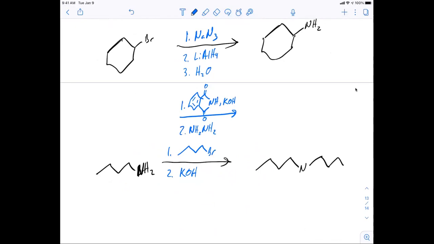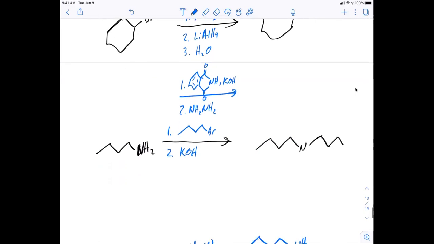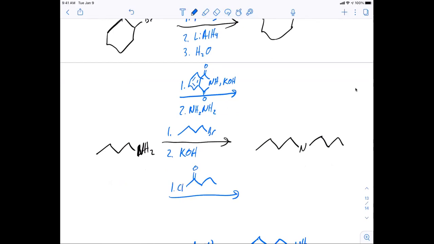Would this be a good synthesis? It could give us a product, right? But it could also do what? It could just keep adding until we get to the quaternary salt. There is a way that we can go directly to this in good yield, and that is to add the chloride, the acid chloride, that'll make the amide, and then I can reduce that amide.